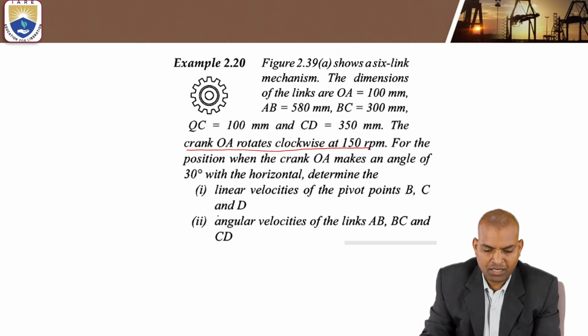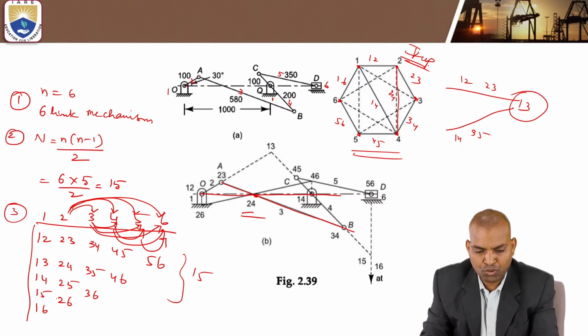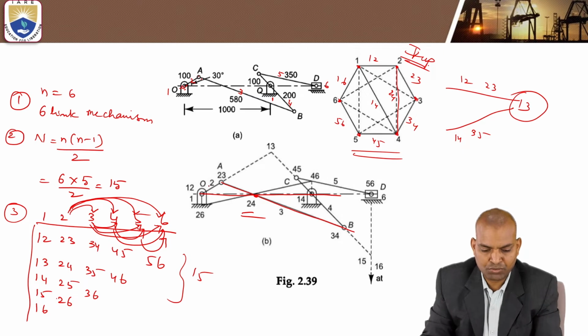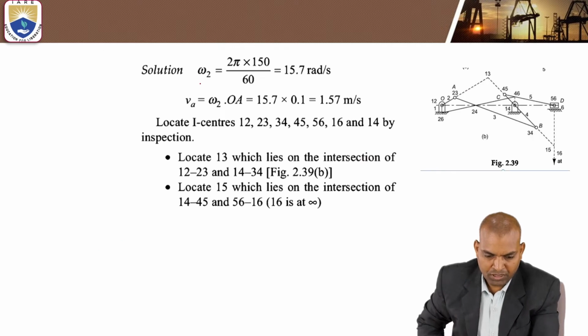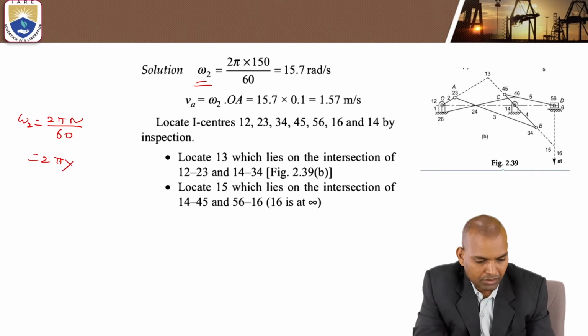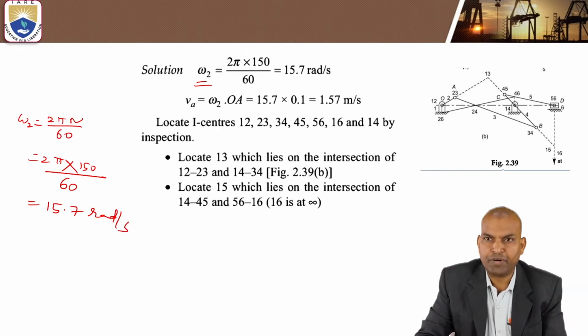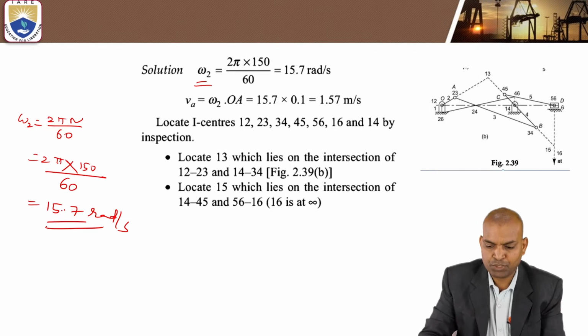That OA is nothing but link 2, with O and A as its ends. The angular velocity omega 2 equals 2 pi N by 60, that is 2 pi times 150 by 60, which is 15.7 radians per second.